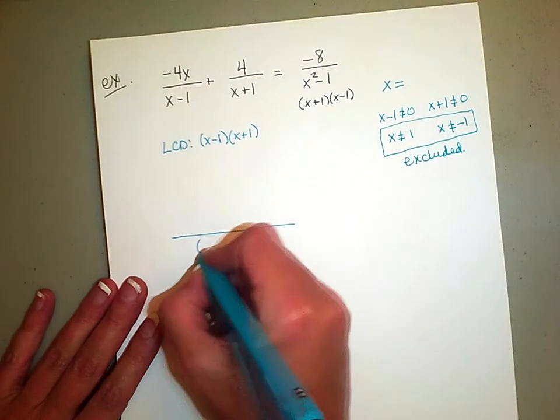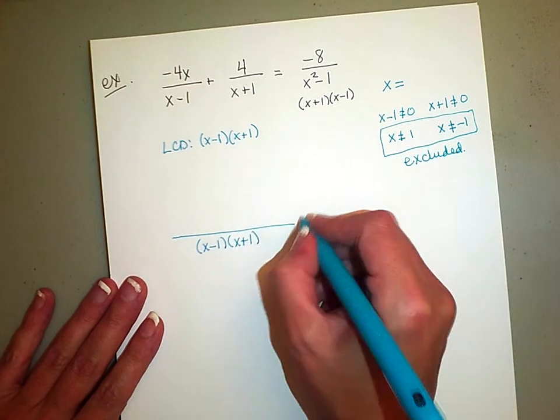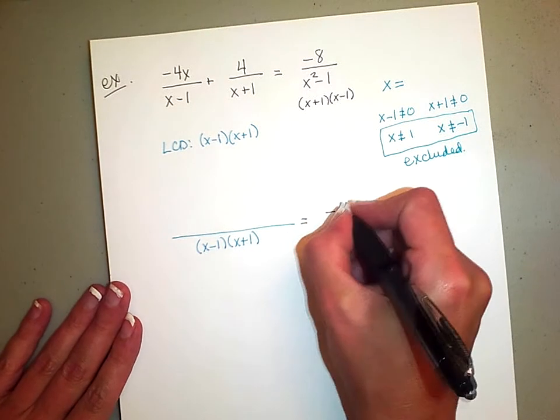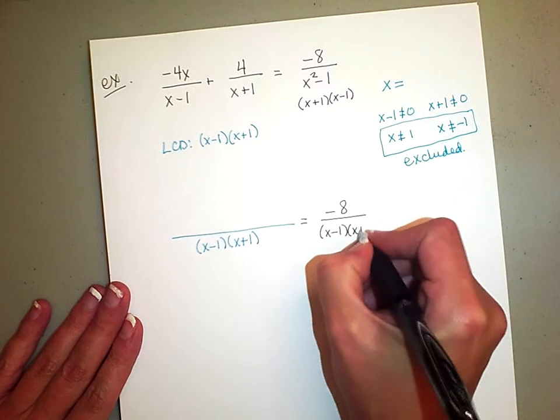Now that we know that our least common denominator is x minus 1 times x plus 1, and since this is factored, we may as well leave it.